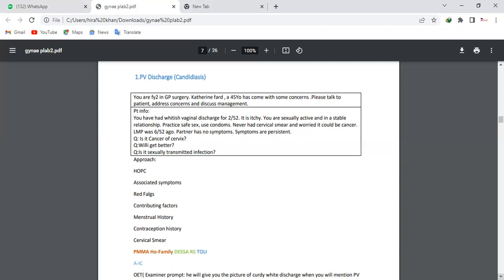And has it worsened since it started? Well, yes, doctor, it is getting worse. All right. I'm sorry for that. And does anything make it worse? Doctor, I don't know. Okay, no problem. And does anything make it better?